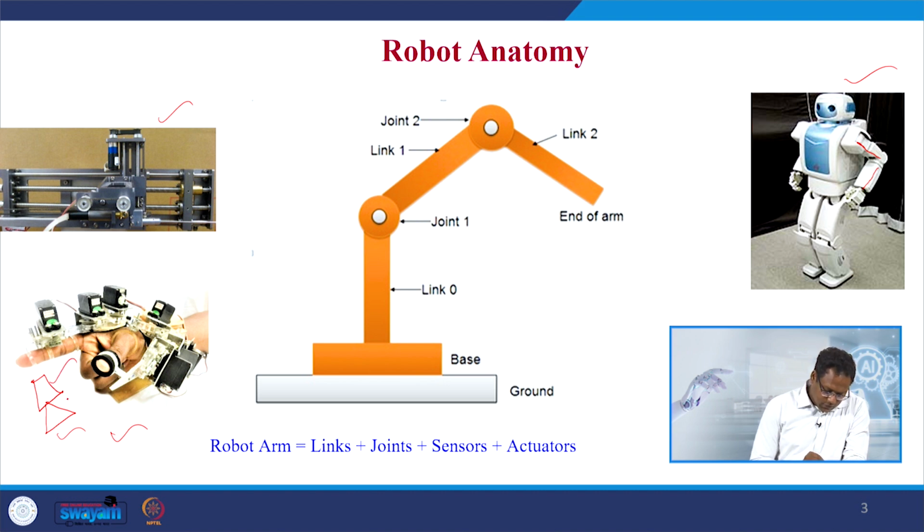Here we have 4-bar mechanisms connected in series, and the joint here in the case of the medical robotic system represents a prismatic joint, and thus robotic systems include several joints and different types of links. Different types of links, I mean rigid links as well as flexible links.